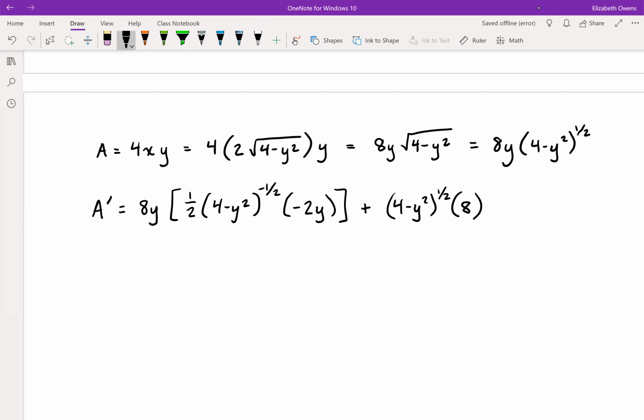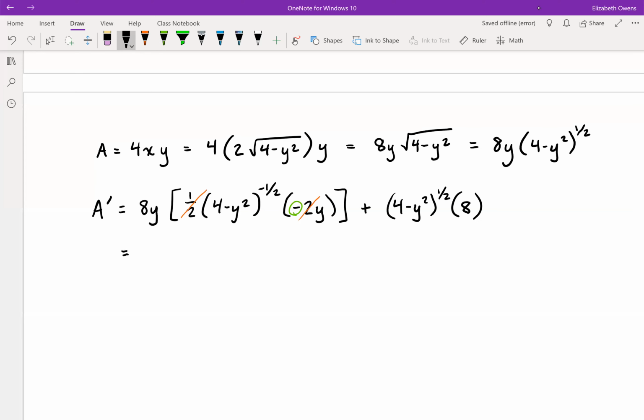Okay, so cleanup time here. Notice in our first term, we can do a little bit of cancellation here. 1/2 cancels with the 2. And so we have still that negative. Okay, don't lose that guy, it's important.